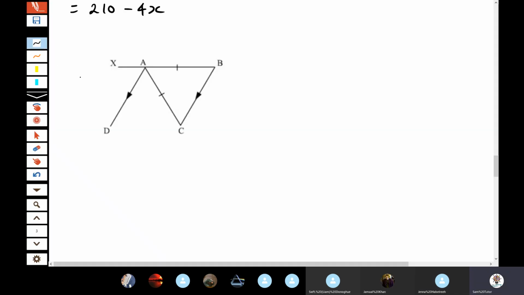Don't overkill it. All right, let's have a look. This is isosceles. So let's say that's x. From that, you'll be able to get that and that. Then I'll give you this is 3x minus 40, this angle.